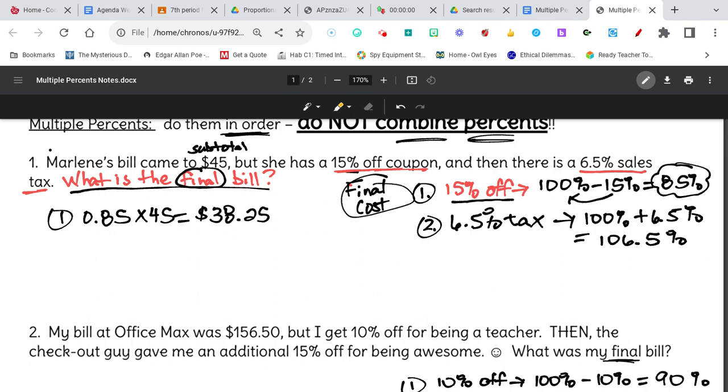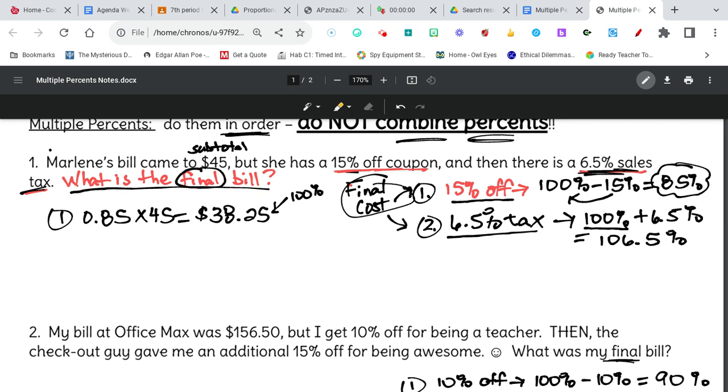But that doesn't give the final cost, because not only is there a 15% discount, there is a second thing, which is a 6.5% sales tax. It tells us that right there. So now a tax makes things go up. So I'm going to pay 100% of that $38.25. So we'll no longer talk about $45. We're talking about 100% of this.